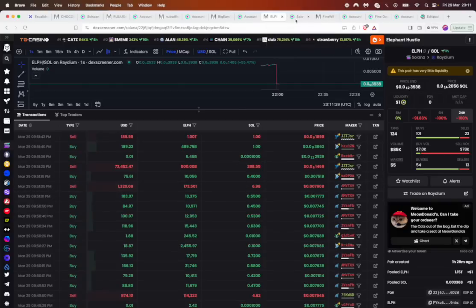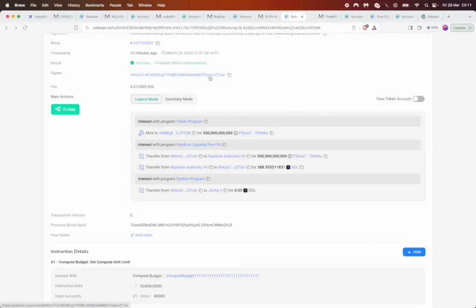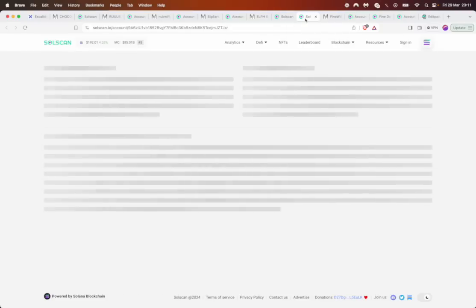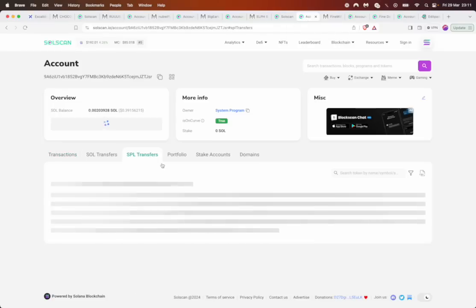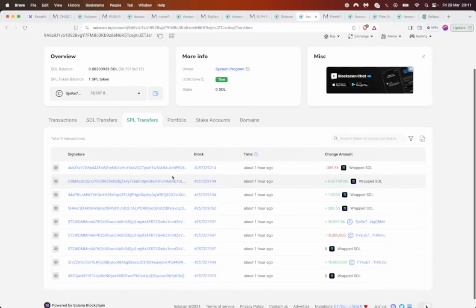When a developer creates a token, it is best for him to disable minting. What is minting? Minting is basically how you create the tokens.